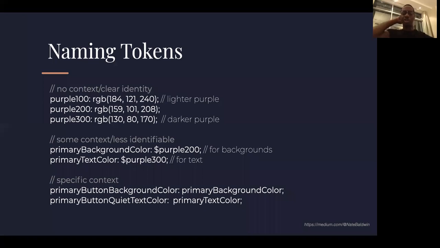When you're sitting in a meeting, for example, with a room of developers, designers and other business stakeholders, you can all speak the same language when referring to these tokens and values, because all you have to say is the primary button background color token needs to be updated to the new brand color, and everyone will know what you're talking about.